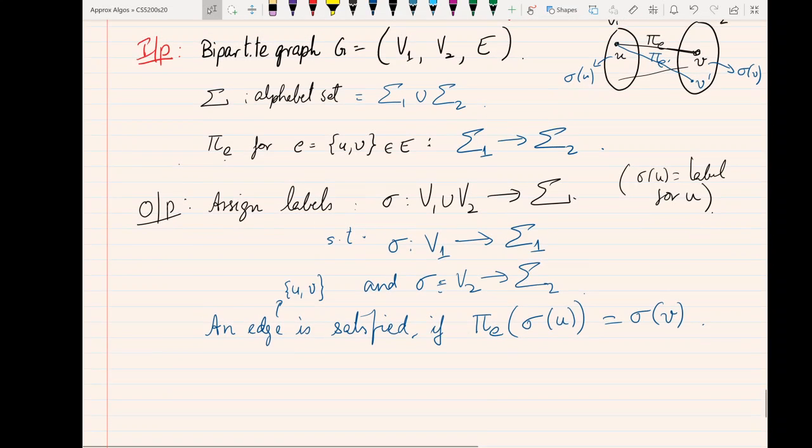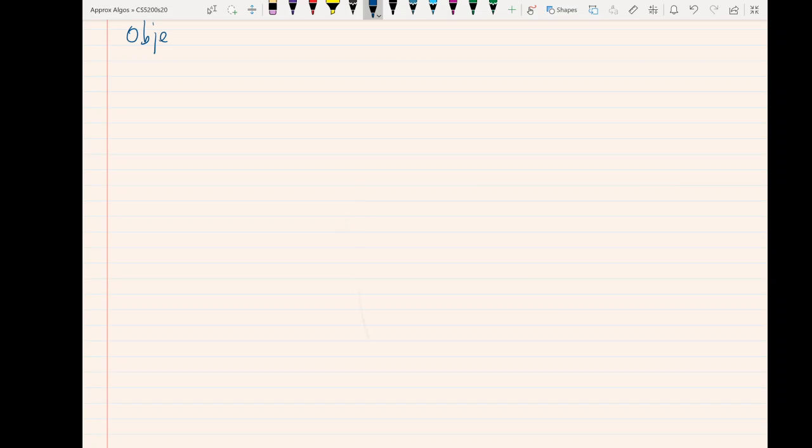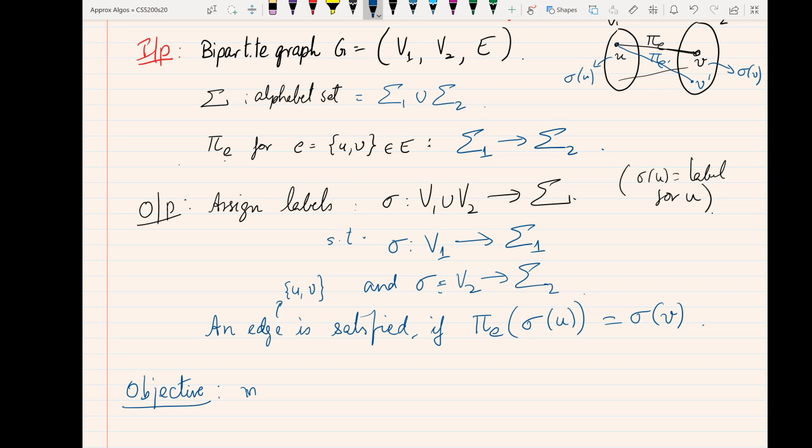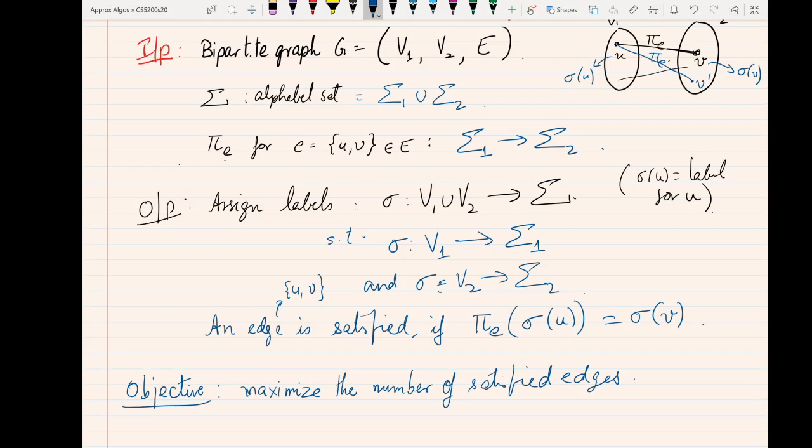Now what is the objective over here? As expected, we want to satisfy the maximum number of edges. Okay, and I can express this in terms of the constraints that I've written out as the objective function.